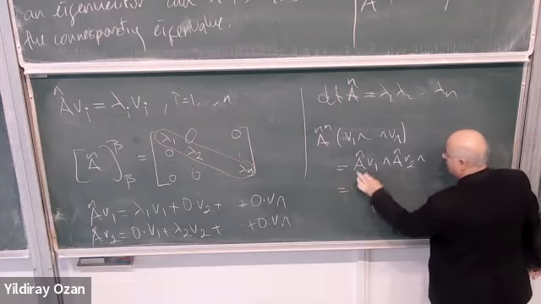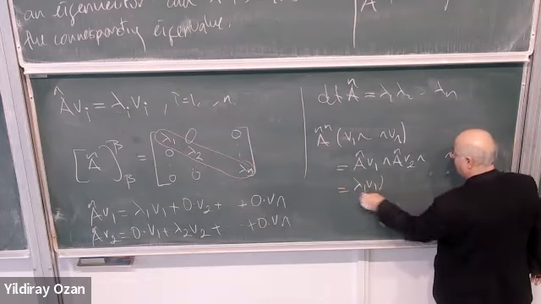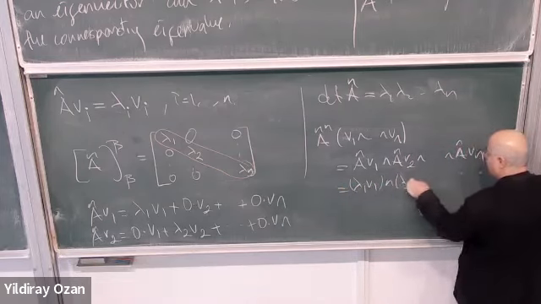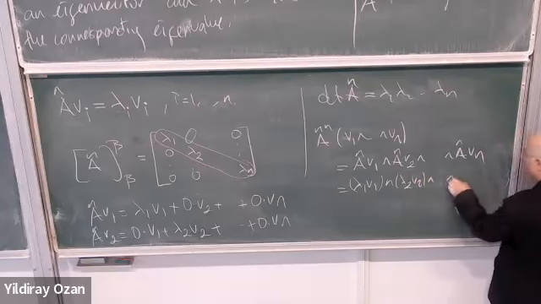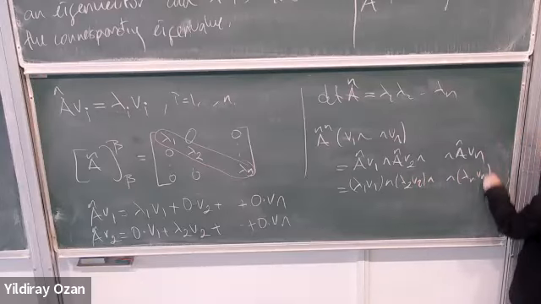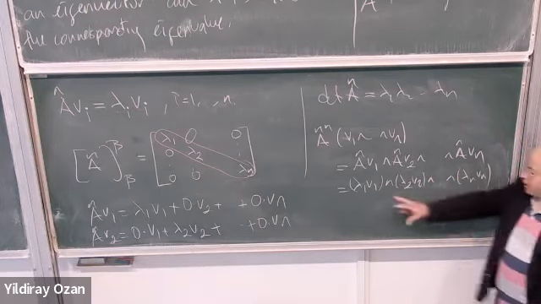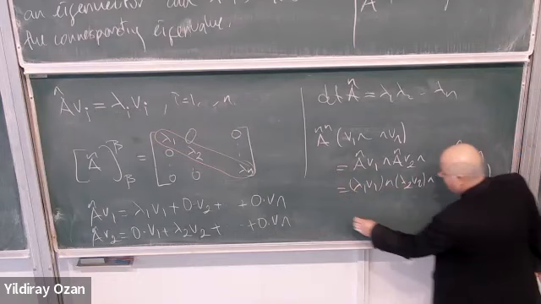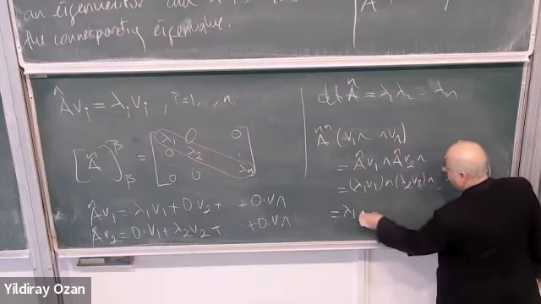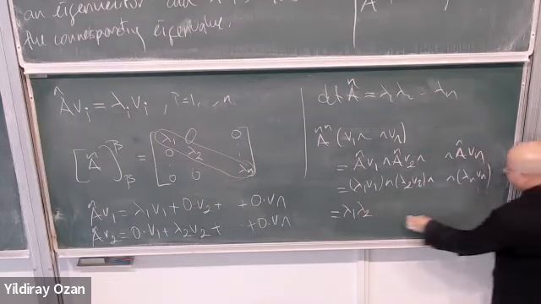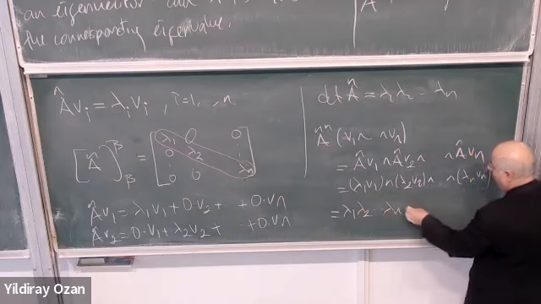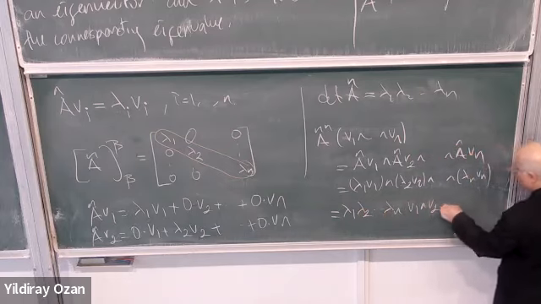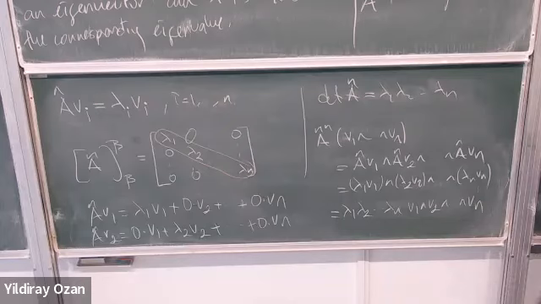But this is just lambda 1 times V1, wedge lambda 2 times V2, wedge lambda n times Vn. I can take these constants in front of the product. So I will have just lambda 1 times lambda 2 times lambda n, and then V1 wedge V2 wedge Vn.